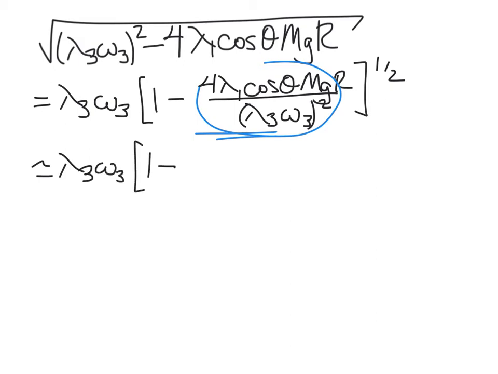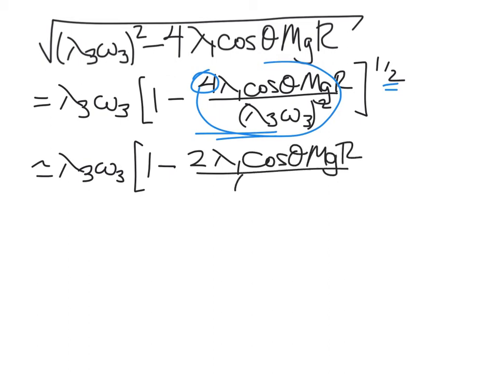So this square root here, 1/2, that's going to bring down a factor of 1/2, and then 1/2 times 4 is going to give us 2, and so we're just going to get 2 lambda 1 cos theta mg capital R over lambda 3 omega 3 squared.